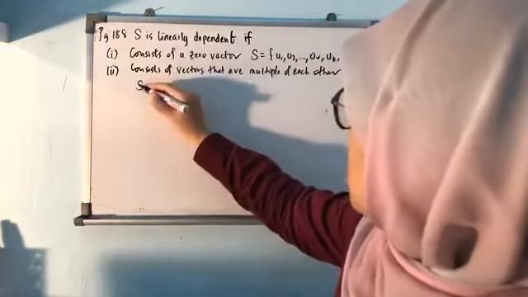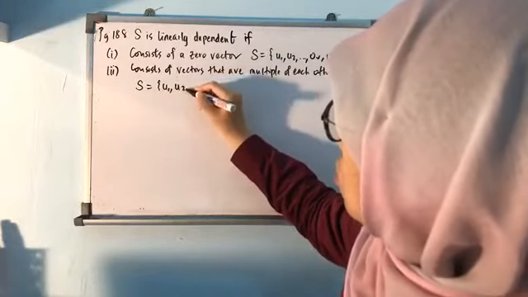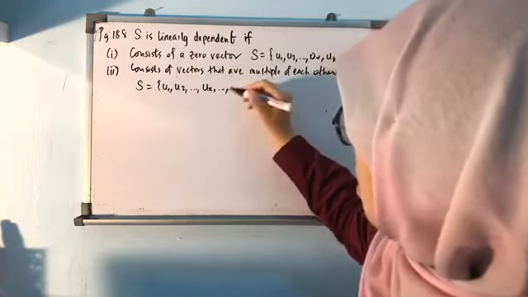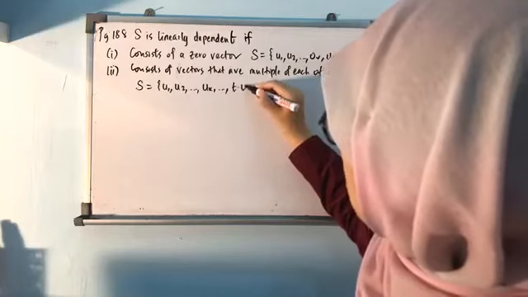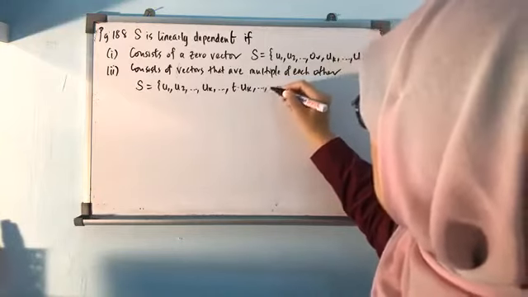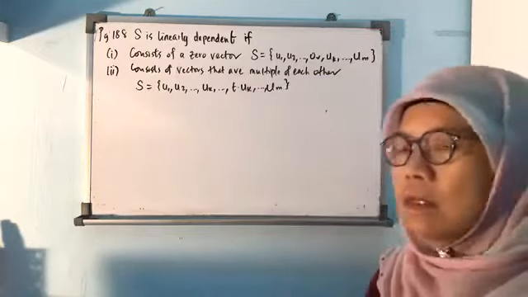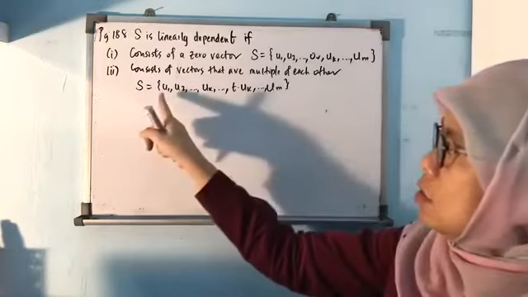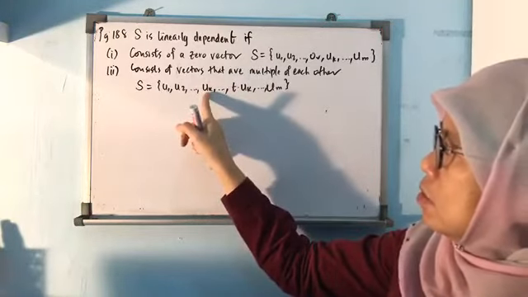Like this. If you have S as U1, then U2, maybe you get UK, and somehow you have T of UK here, then you have UN. A multiple means you just let the others multiply by 0.